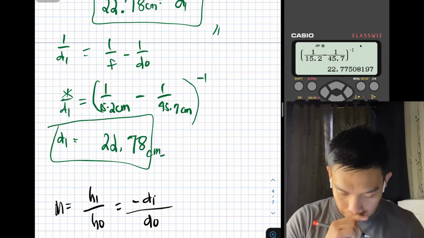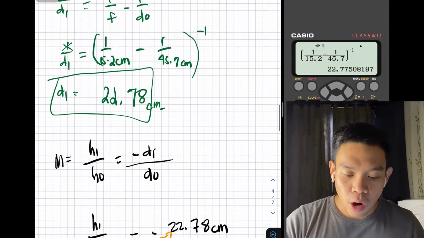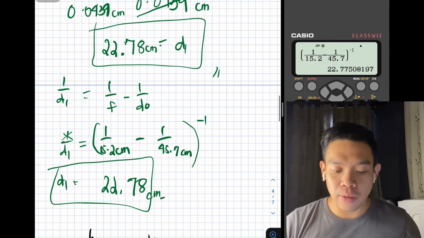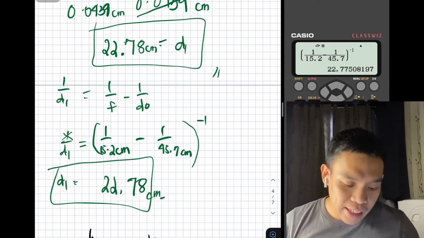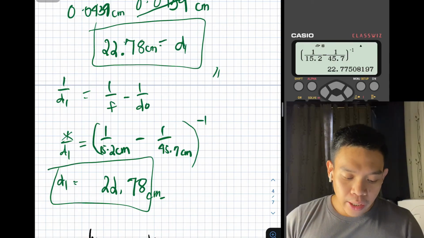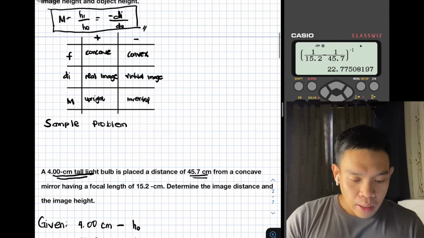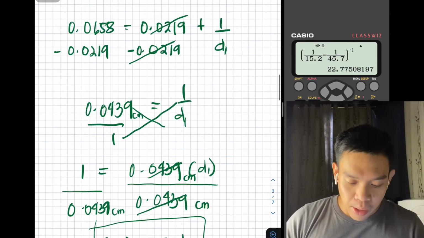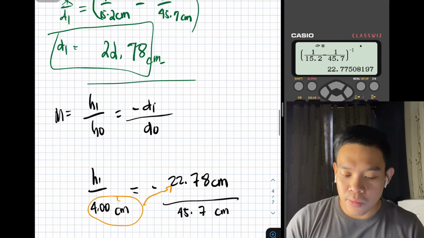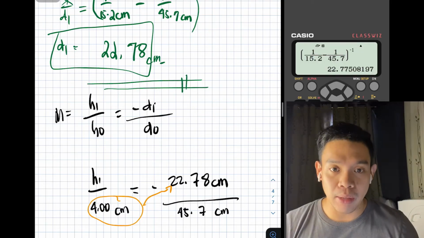That is how we input the numbers in our calculator. DI is positive. Looking at our sign convention, if the image distance is positive, that is a real image, right? So this forms what we call a real image.